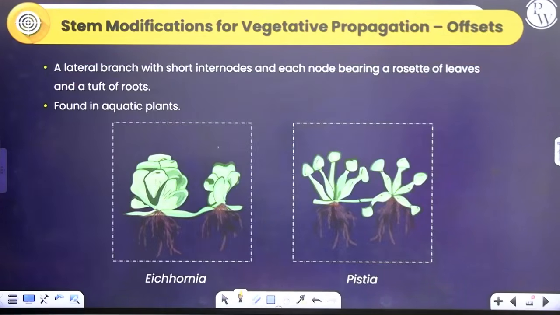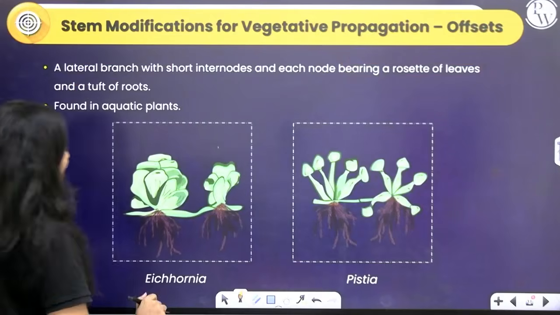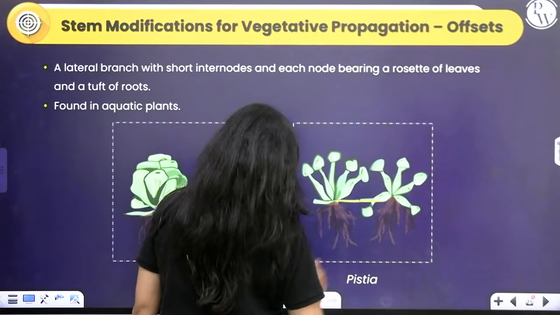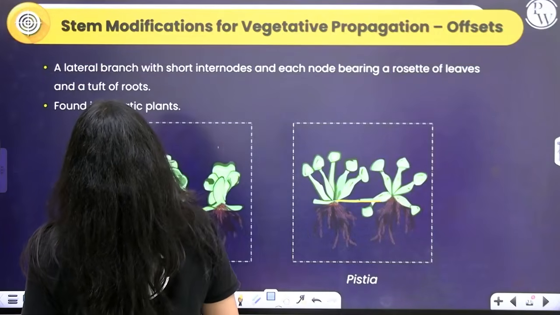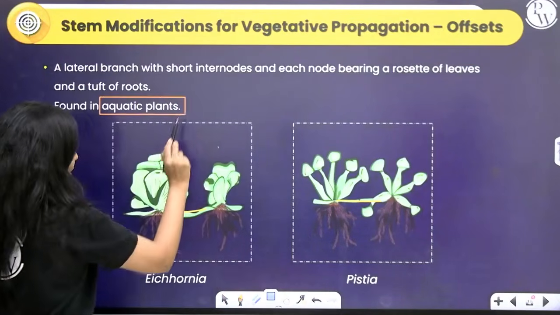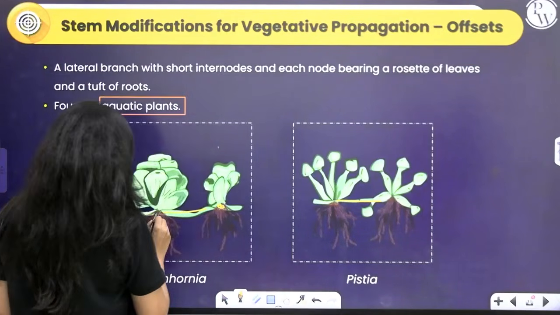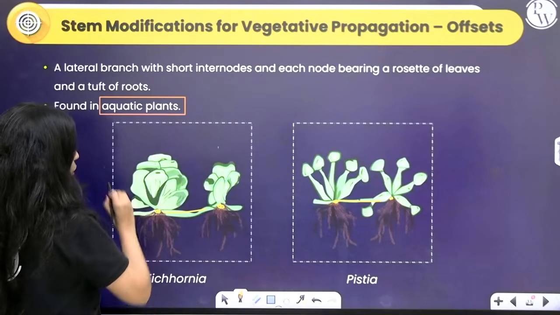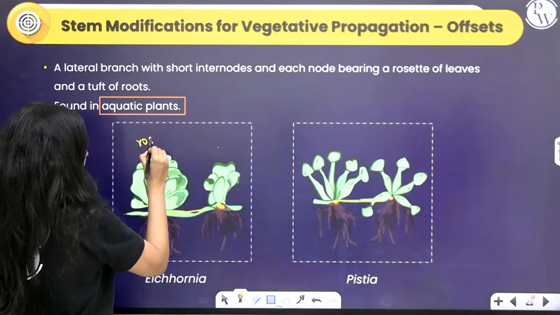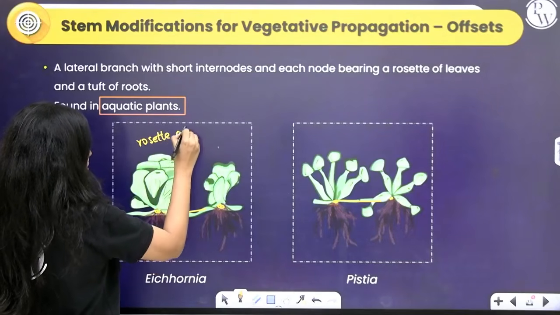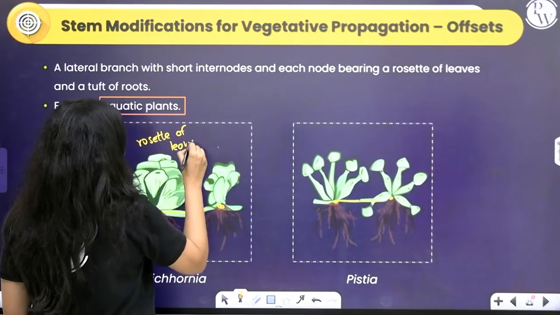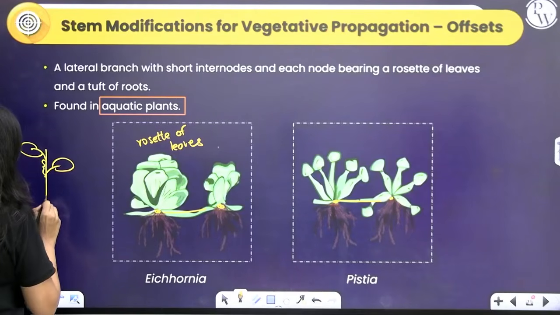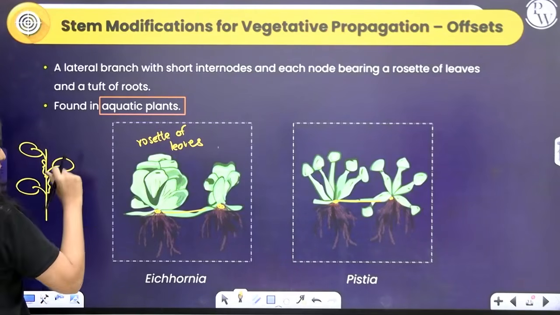Now next one is called offset. Offset also, from the stem there will be lateral sideways branching. This you can see in aquatic plants. So here at each node, this is the stem, giving out lateral branches. At each node on top, you can see a rosette of leaves. Rosette means what? Normally, if this is the stem, this is the leaf, the internode will be long, right?